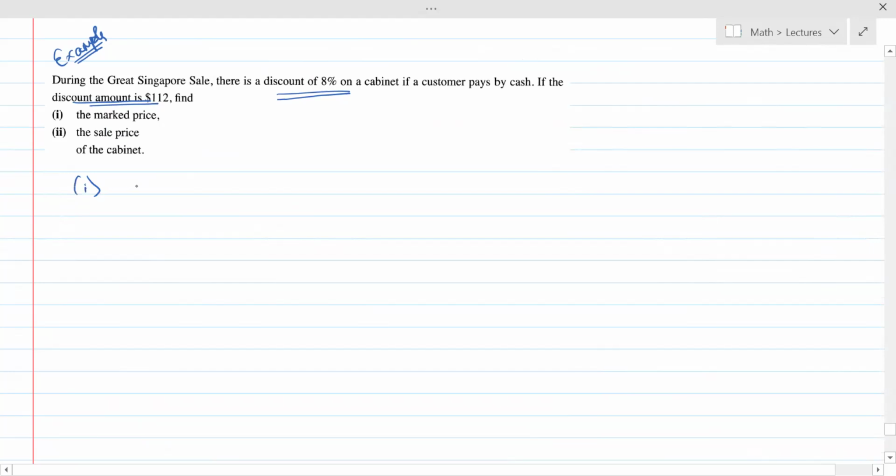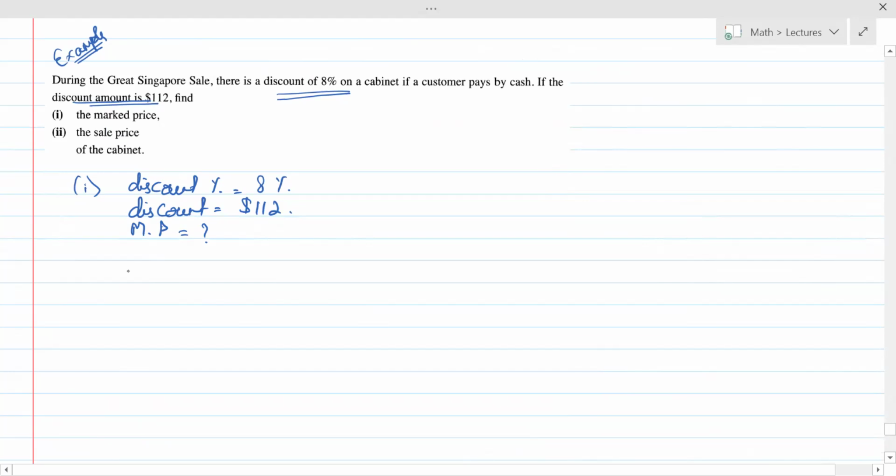For the first part, we have been given the discount percentage, which is 8%. Discount amount is $112. And in the first part, we have to find the mark price. I'm writing MP for it, okay?